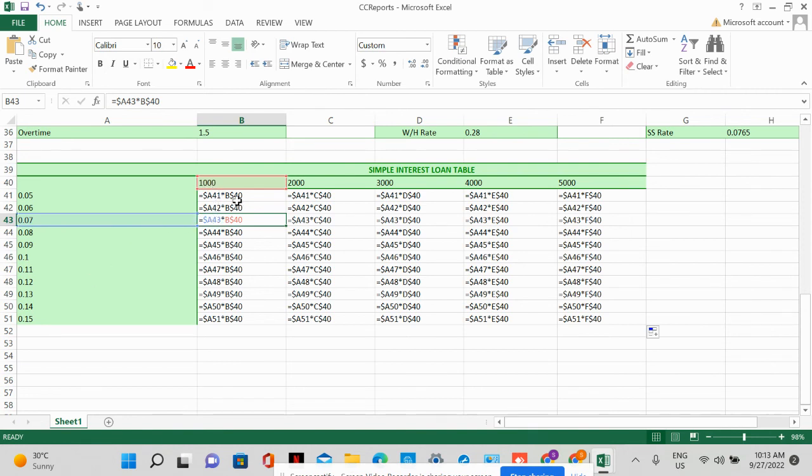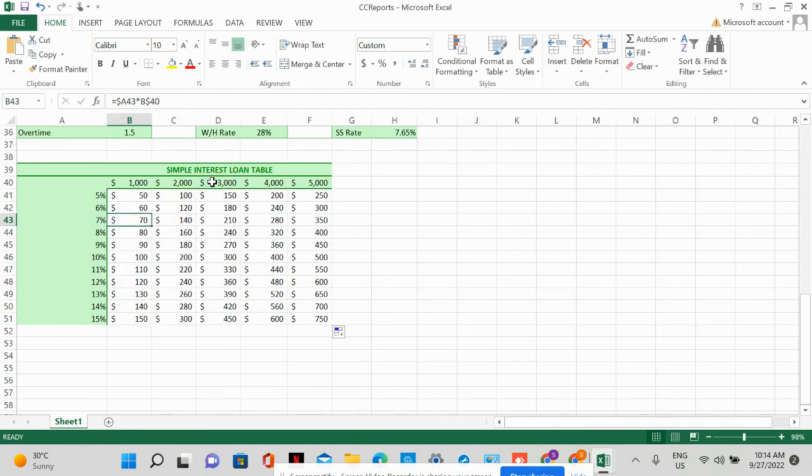But if you insert the dollar sign after the cell reference, that cell remains constant. So this is our mixed cell references. I hope you got the idea of this.